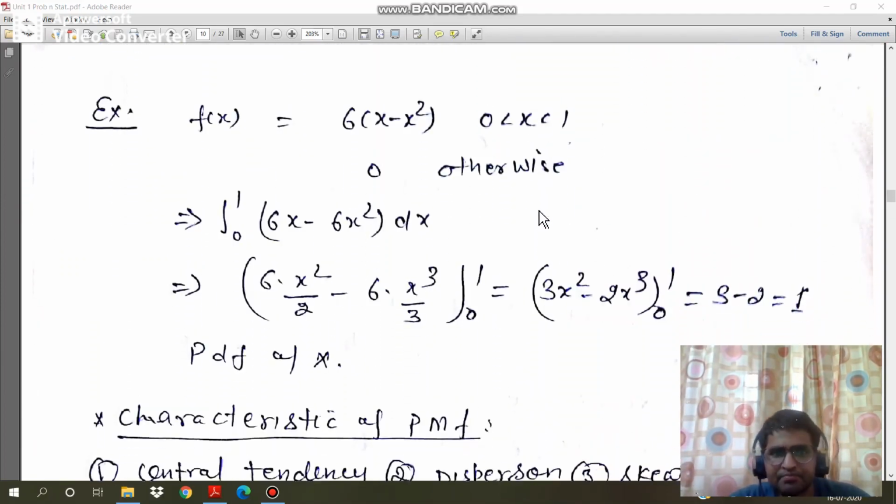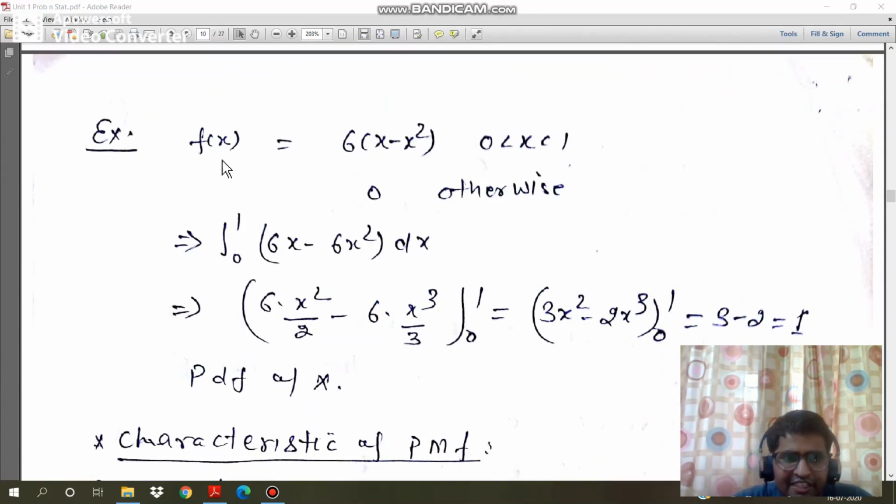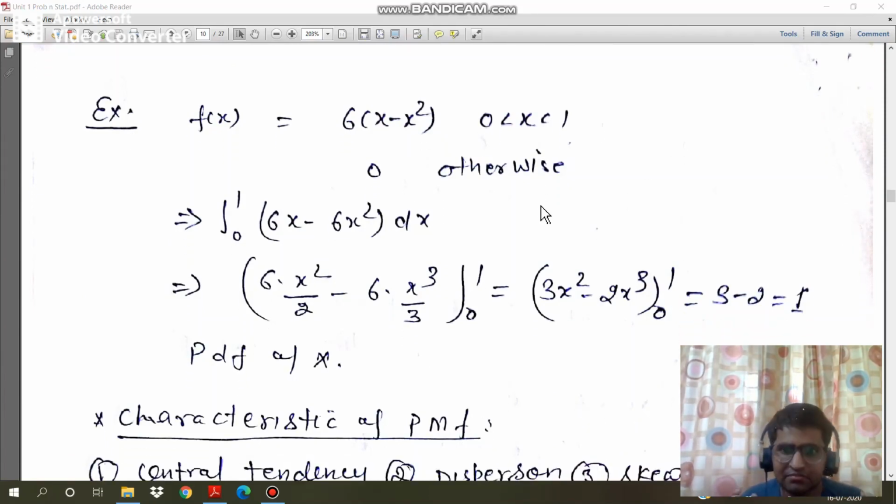Second example, if we have f(x) = 6x − 6x², limit 0 to 1 and 0 otherwise. Now check whether this function is a PDF or not. If the integral of this function within limit 0 to 1 is 1, it is a PDF, otherwise it is not a PDF. Let us check.